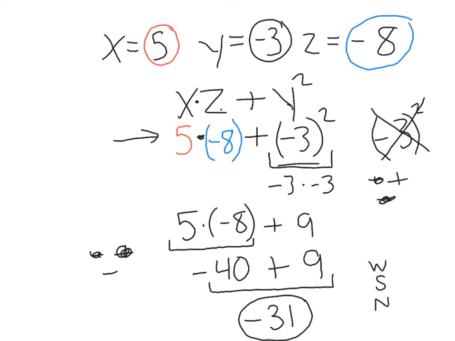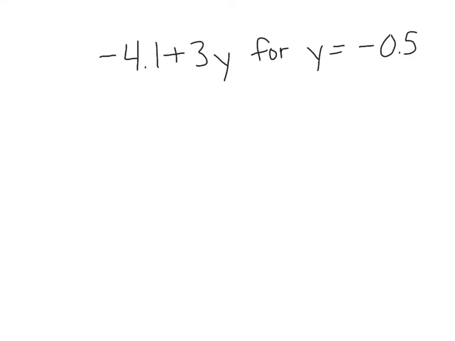Let's delete this, and we can try another one. -4.1 plus 3y for y equals -0.5. You can see the format of this is a little different. We have our expression first, and then they tell us what our variable is equal to at the end. We do the same exact thing.